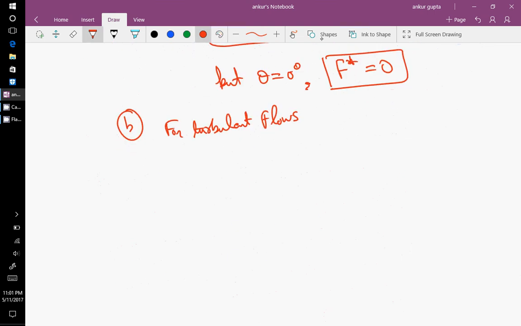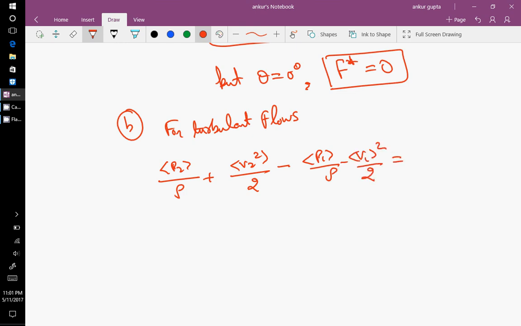For turbulent flows we can write that P2 by rho plus V2 square by 2 minus P1 by rho minus V1 square by 2 is actually equal to minus EV, which is the viscous loss per unit mass, right? And if you do that, you can get EV by rho, EV by W is actually equal to P1 minus P2 by rho.